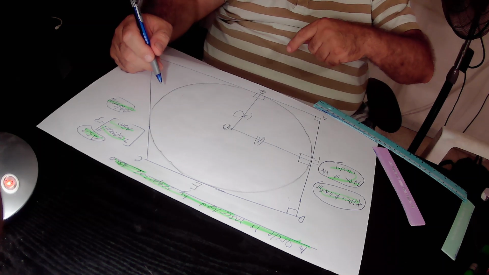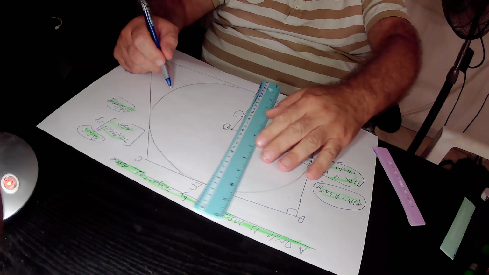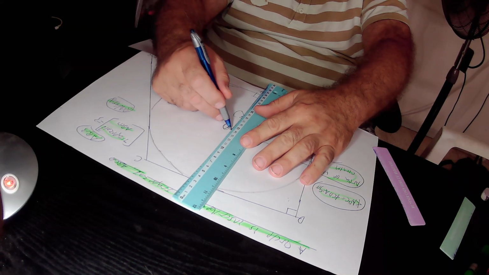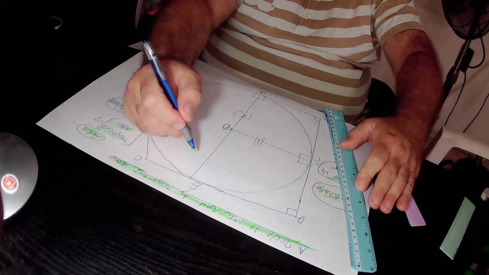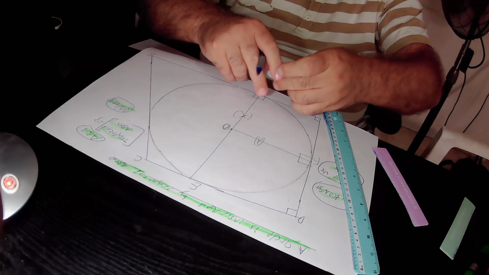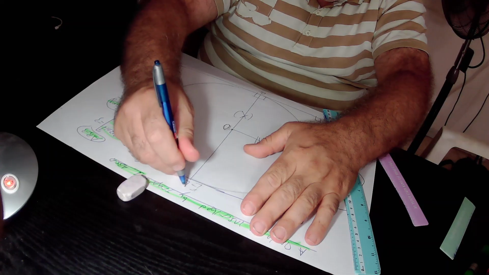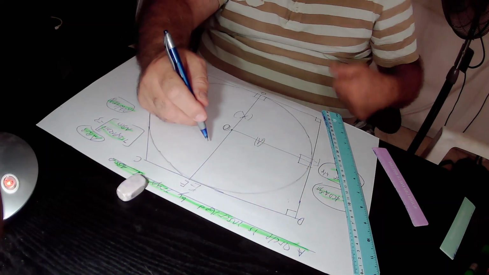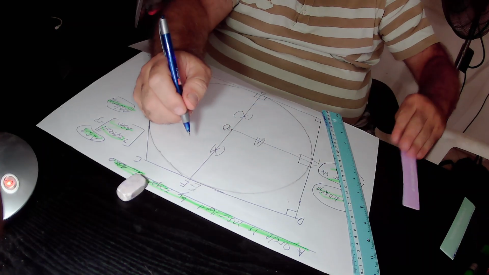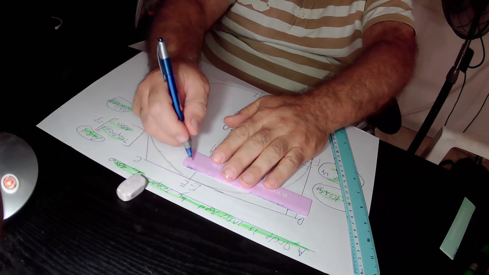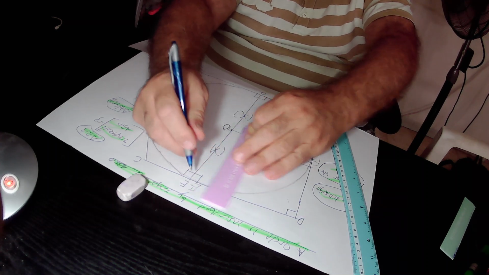In the next step, we join points O and E together by a straight line. OE is, of course, a radius of this circle, equal to X. And according to rule 1, this angle equals 90 degrees, and this angle also equals 90 degrees.